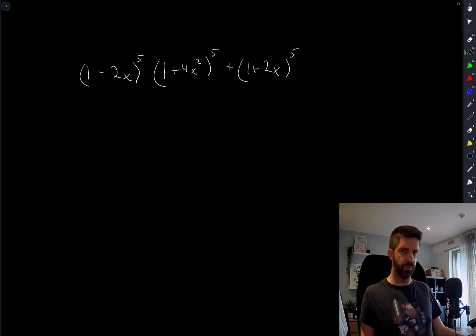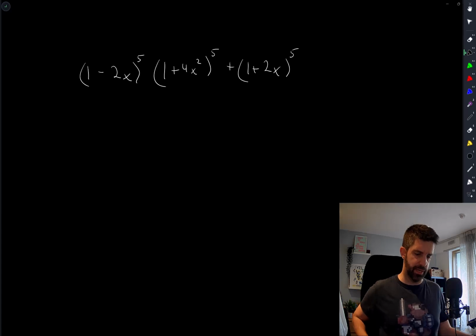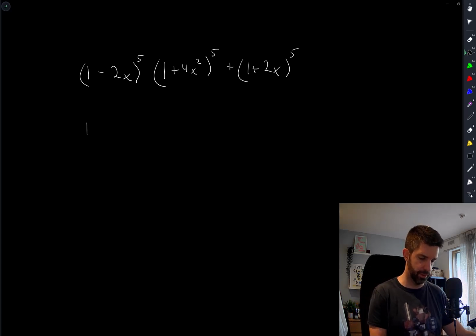I don't know if this is exactly the right way to do this, but I'm going to factor that out first. (1 minus 2x) times (1 plus 4x squared) times (1 plus 2x), all raised to the 5.